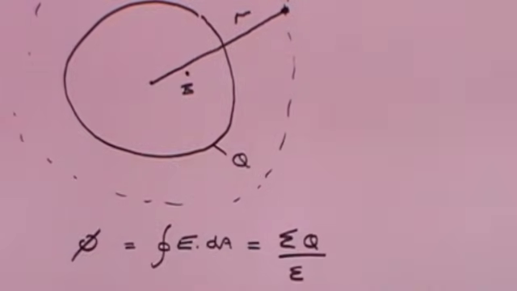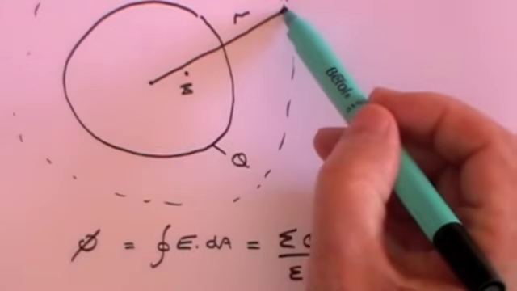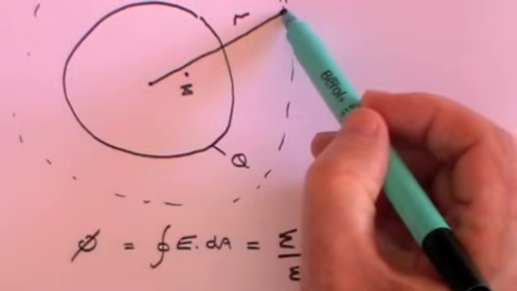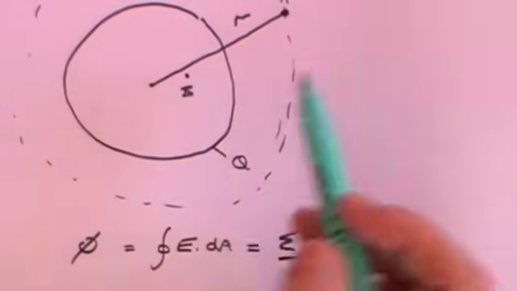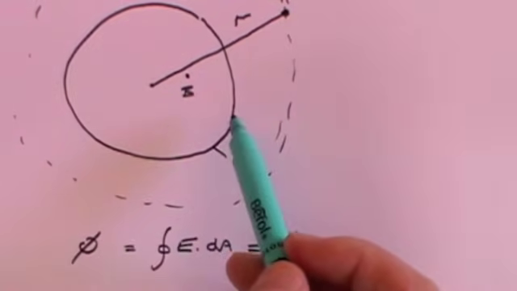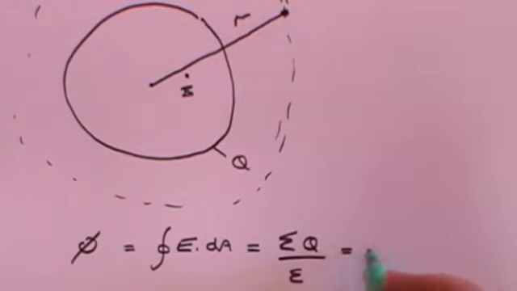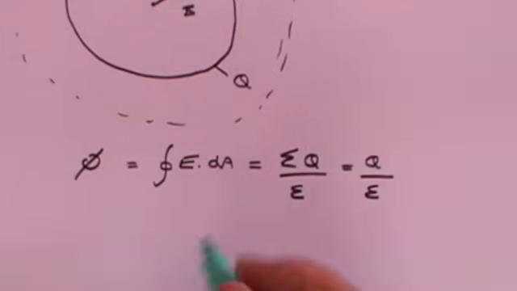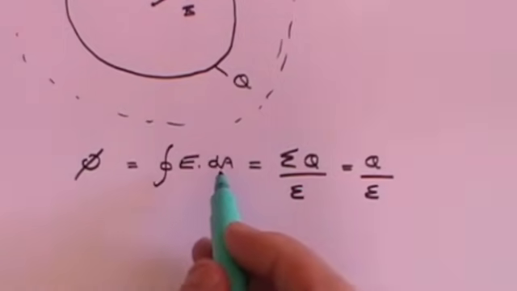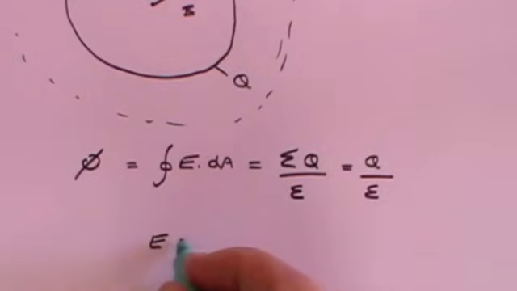That's Gauss's law. Well, what is the sigma Q for this sphere here? It's the charge enclosed, the charge within the sphere. What is the charge within the sphere? It's plus Q. So that is simply Q over epsilon. The integral of E dA, as before, over the whole of the surface of the sphere, will simply give you E times the surface area of the sphere.